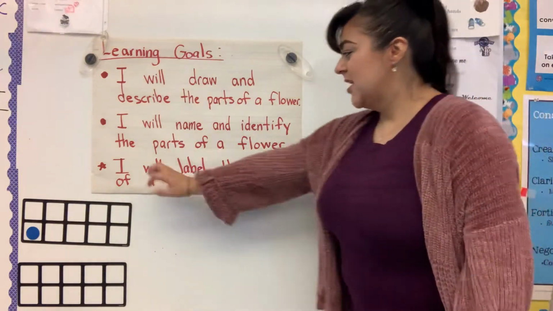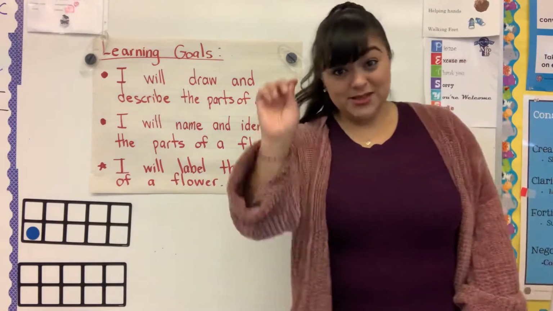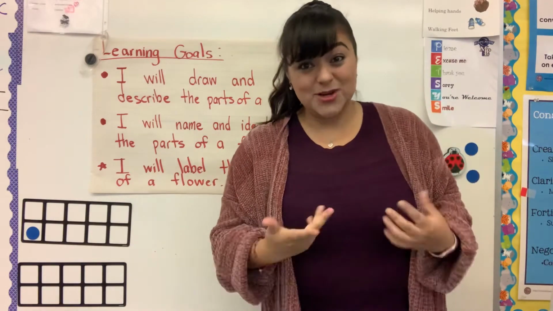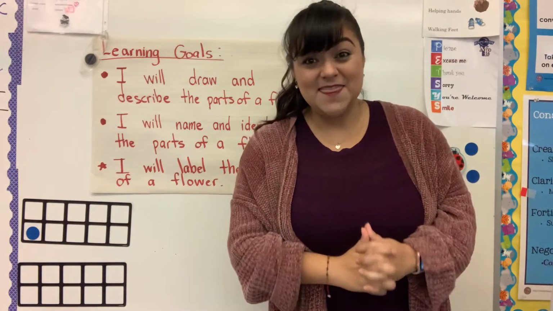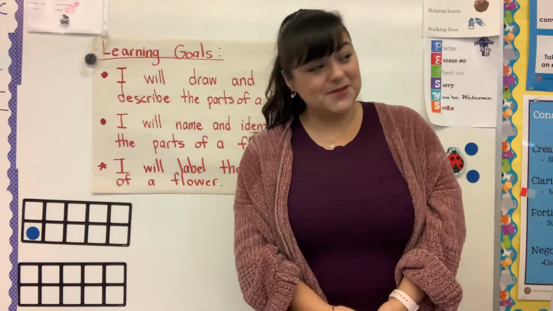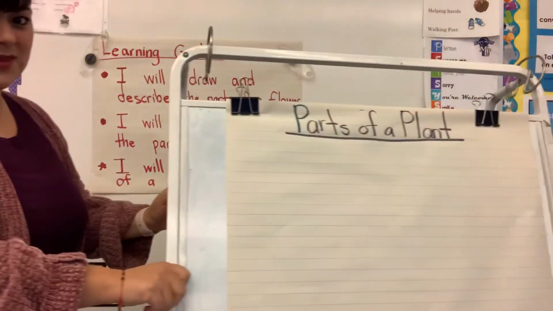And last, I will label the parts of a flower. So you're going to have to label for me what each part of a flower is called. And that will be your home learning today. So let's get started. Parts of a flower.